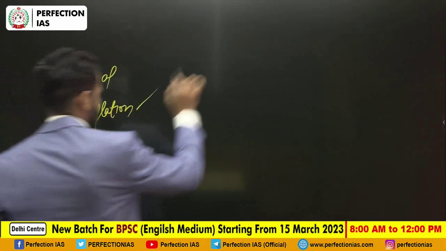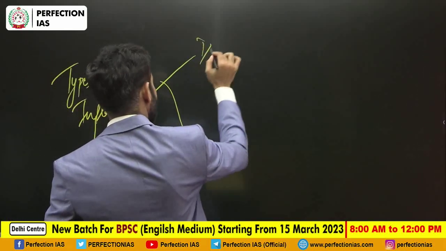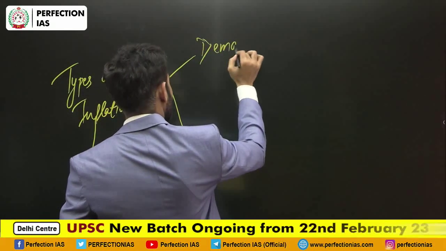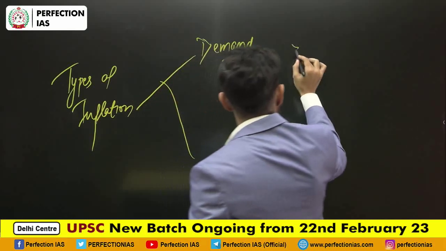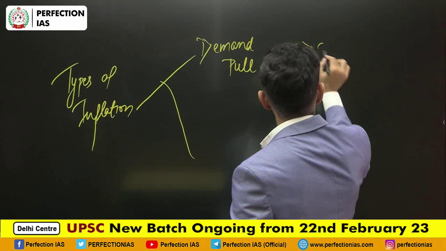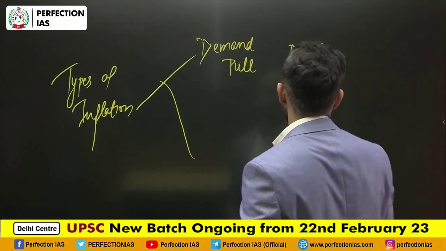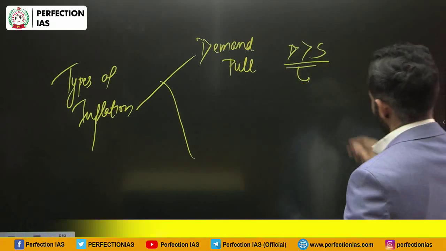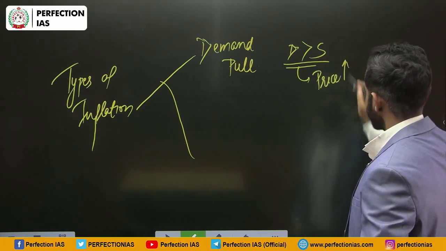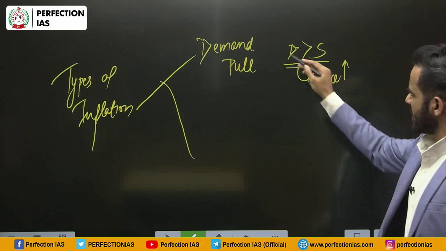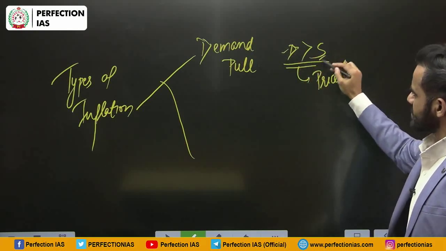So first thing first, demand pull. That means demand is higher than supply. Since demand is higher than supply, that means the price will be higher. Why so? Because more number of people are buying and the supply is limited.